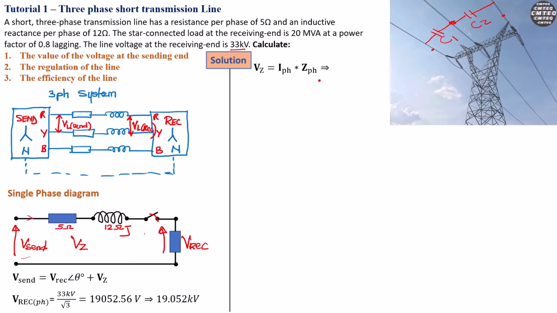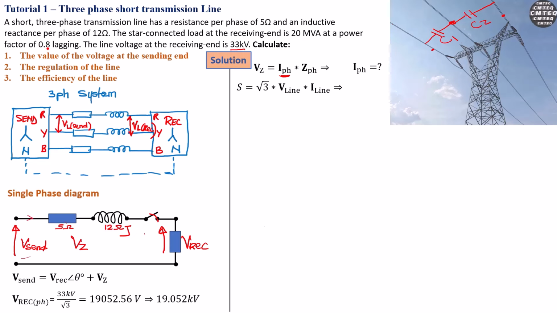Now, what is the value of the current per phase? To find the current per phase, we're going to use the formula of the apparent power, since we are told that the system at the receiving end is using about 20 megavolt ampere of power at a lagging power factor of 0.8.